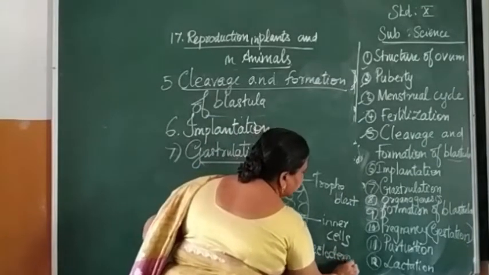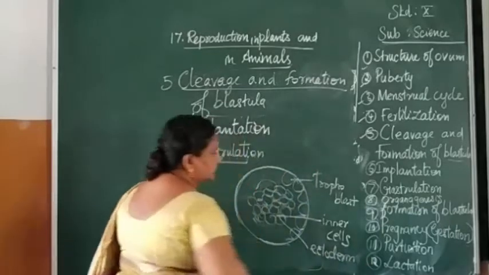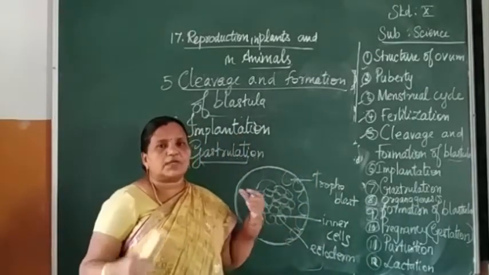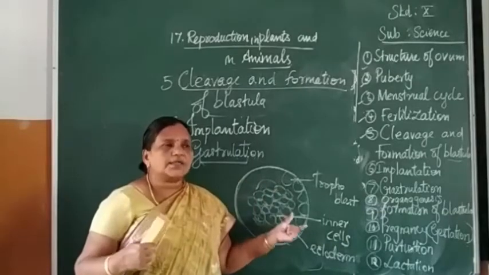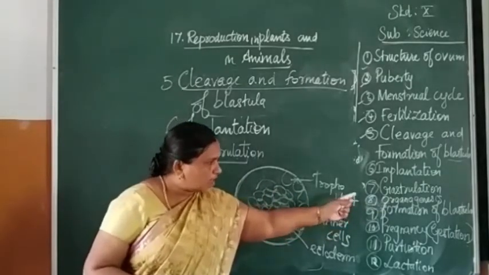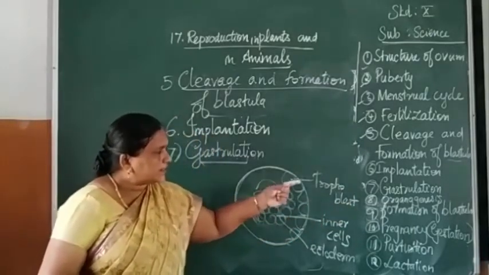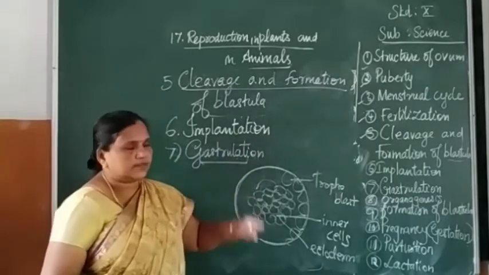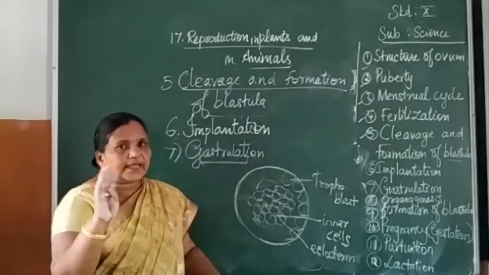3 dermal layers will be formed. Ectoderm means outer layer. From these cells only, our outer body organs will be formed during organogenesis. The next process is organogenesis, but now we are studying implantation and gastrulation.